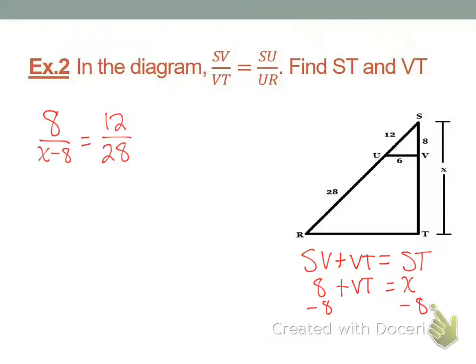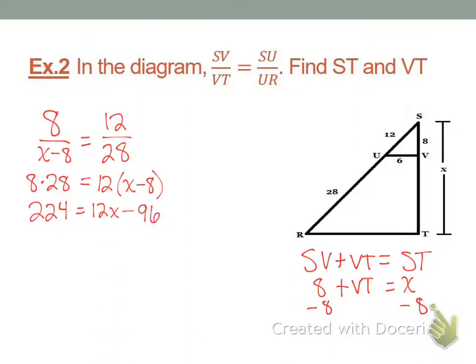Cross multiply. 8 times 28 equals 12 times X minus 8. What did we get for 8 times 28? 224. Distribute your 12. You get 12x minus 96.